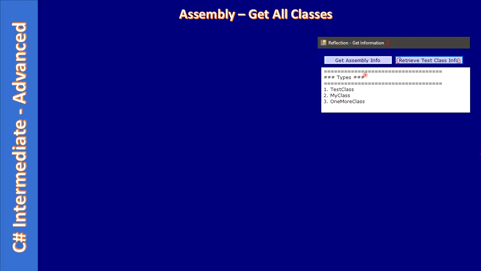First we displayed the types, and at this moment we have only one class, test class, and when we are testing we will add two more classes and check whether it is listing all the types.